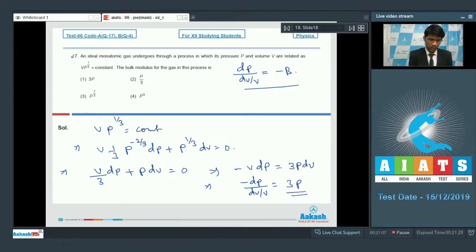So we are getting option 1 as the correct answer for question number 17. This is the value of the bulk modulus. Fine.